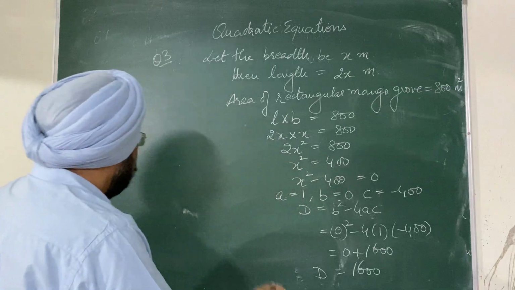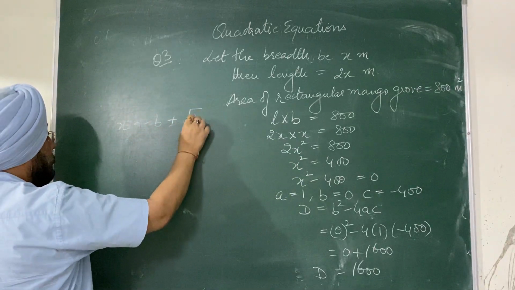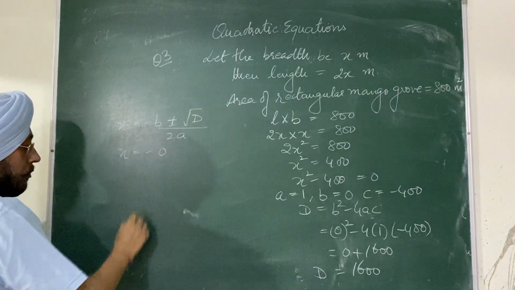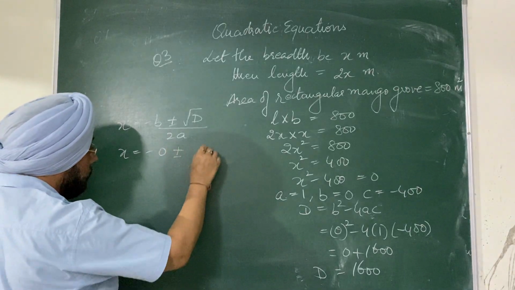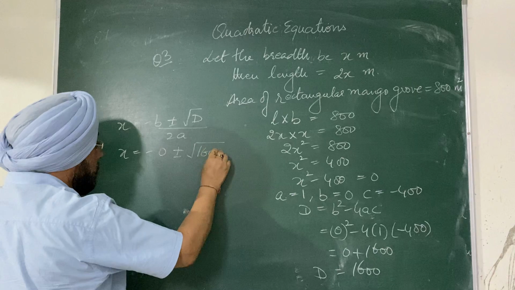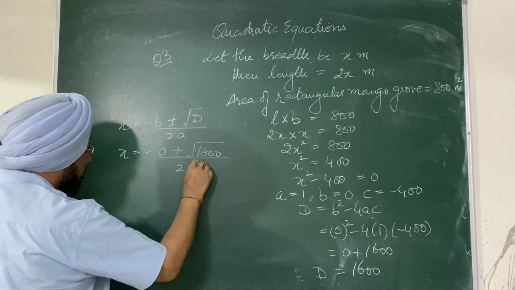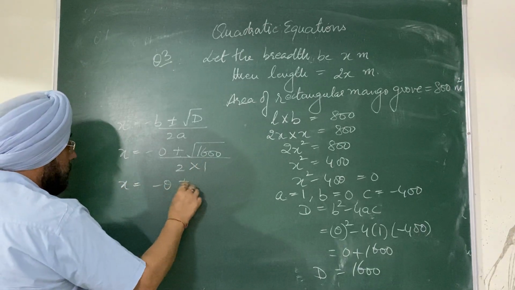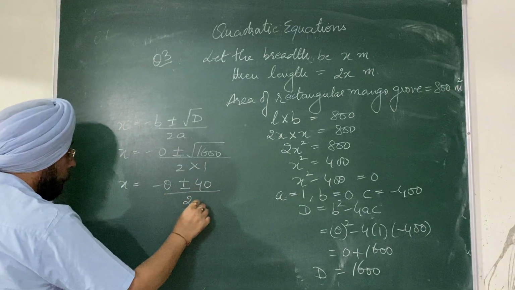Clear? So x is equal to minus b plus minus root d upon 2a. You can put the value of b. What is root d? That is root 1600 divided by 2 multiplied by a, that is 1. Minus 0 plus minus, this is plus minus 40 upon 2.